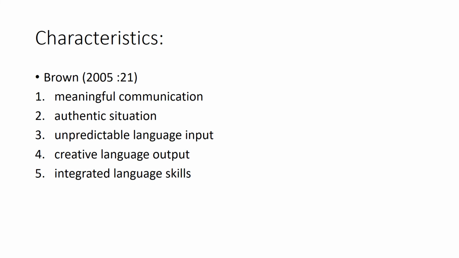Is it clear? So this is the correct way of making a meaningful and authentic situation to include in your test. It should lead the students to use language naturally.